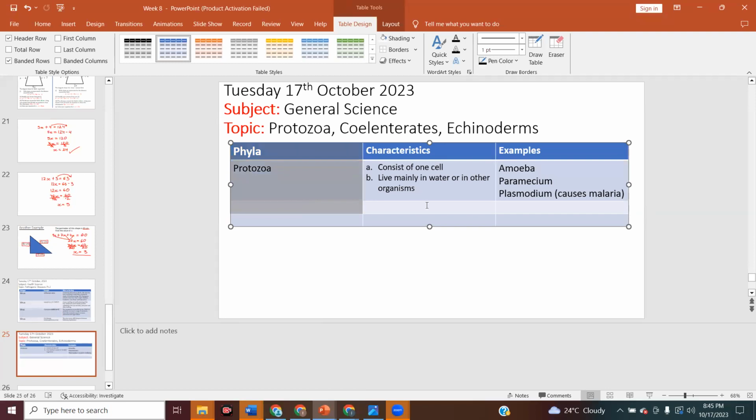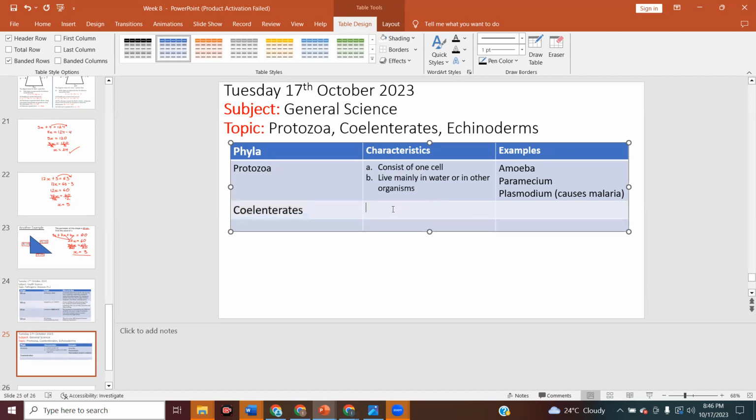The next one is kind of the fun ones, but the dangerous ones as well. Coelenterate. Now, these are stuff that's going to sting you. You don't want to mess with them, but they're pretty at the same time.